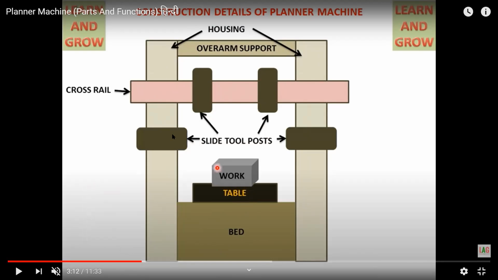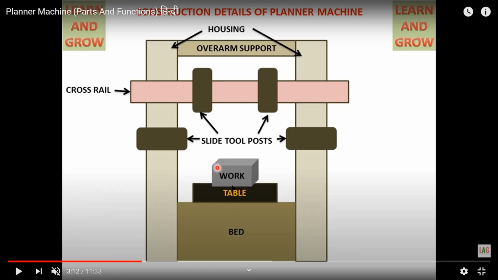In total we are having 4 slide tool posts, and to each slide tool post a single point cutting tool is attached. On the bed we are placing a table, and on the table we are placing the work or job that is to be performed.